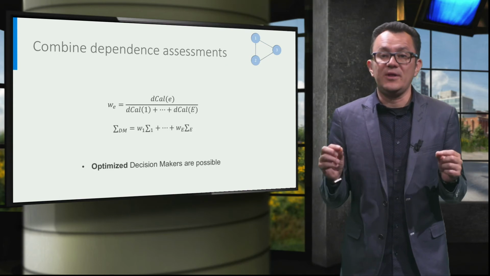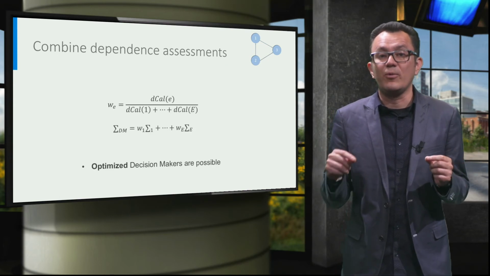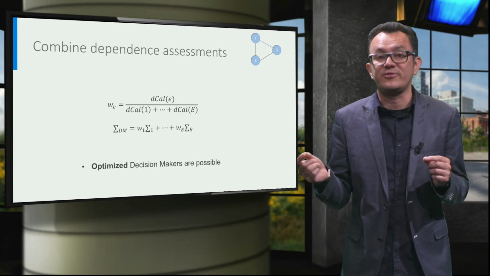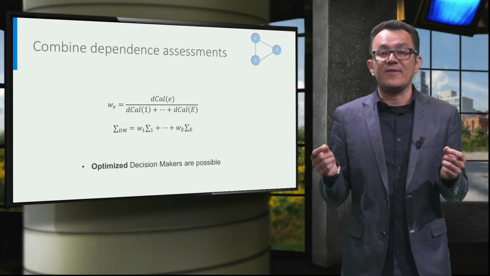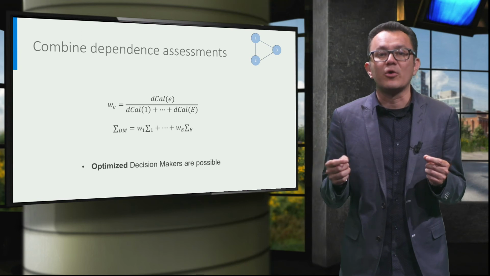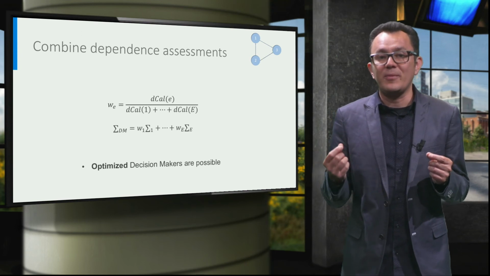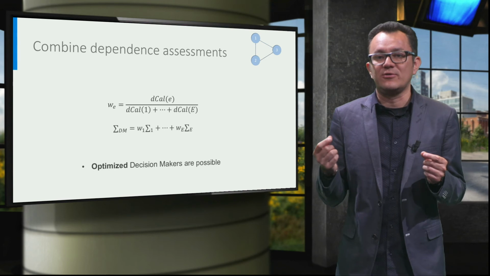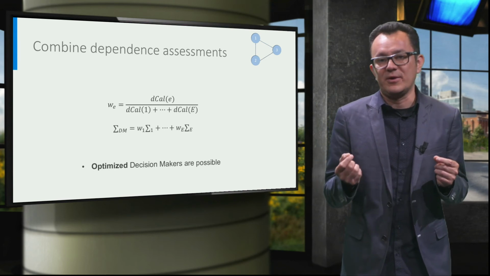Any linear combination of correlation matrices will result in a correlation matrix. This means that the weights of the linear combination, similar as in Cook's method, could be the normalized calibration scores for each expert.